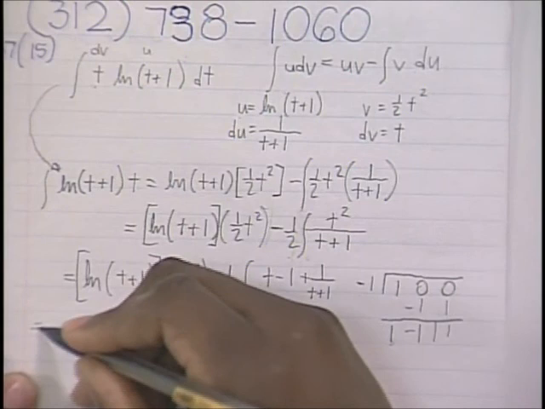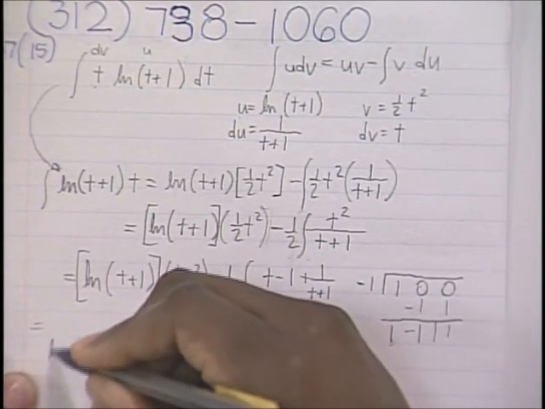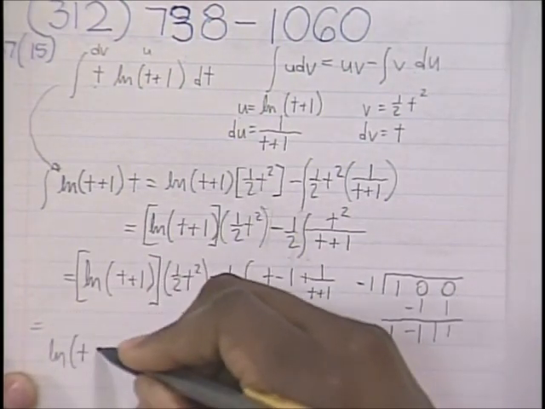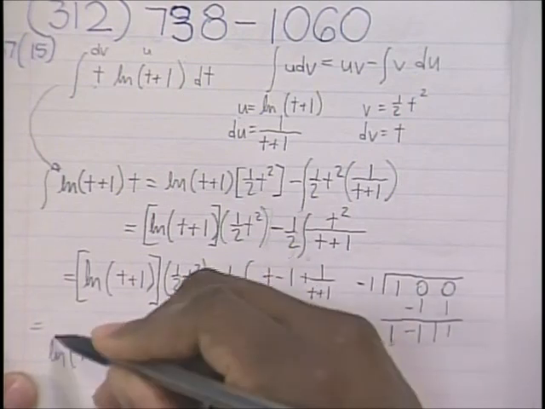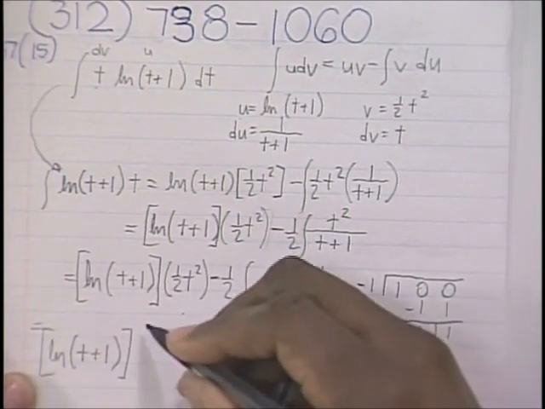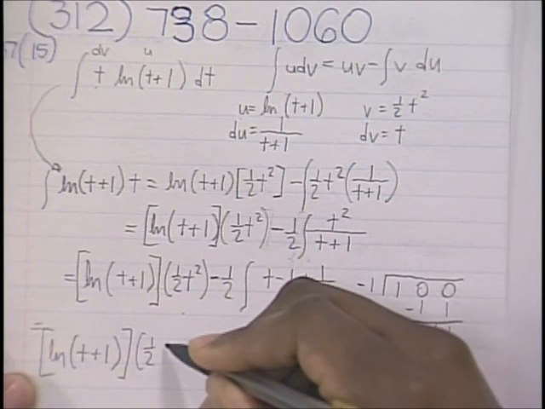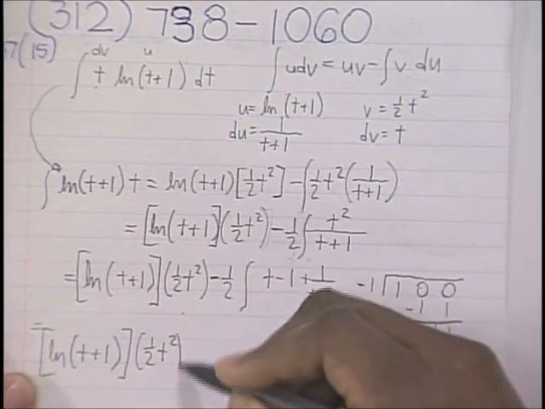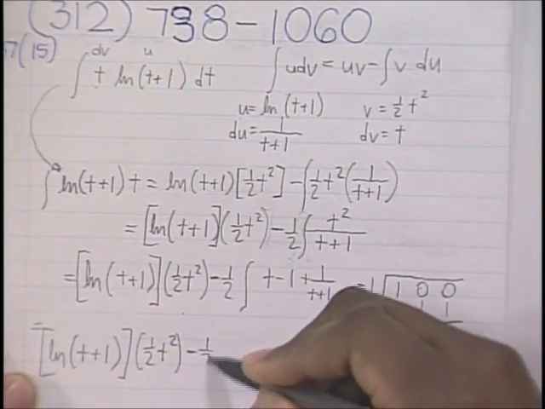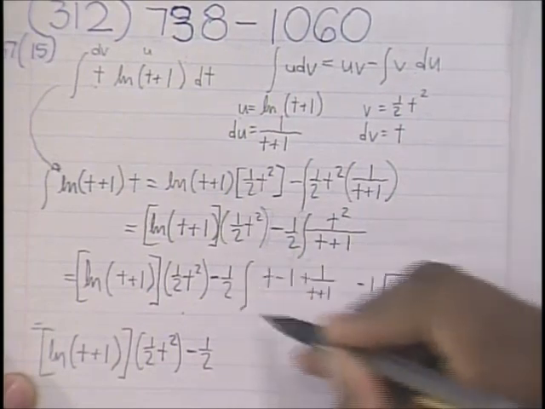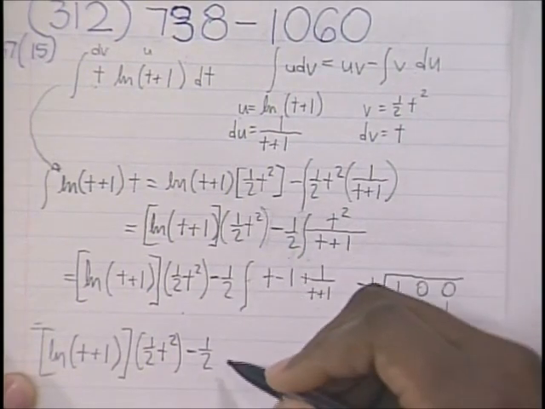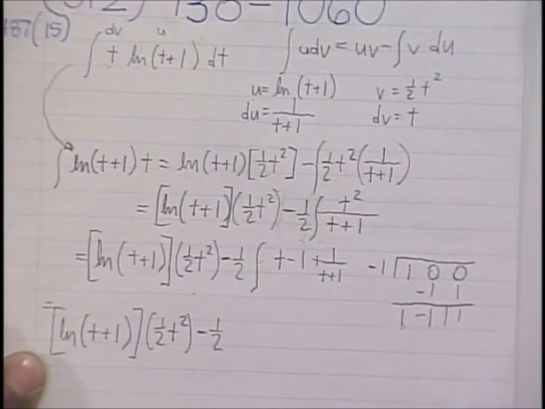So now let's finish the last step. We have the natural log of t plus 1, all right, times half t squared minus half. Now you have to take the antiderivative of that. Now you're just using Calc 1 techniques.